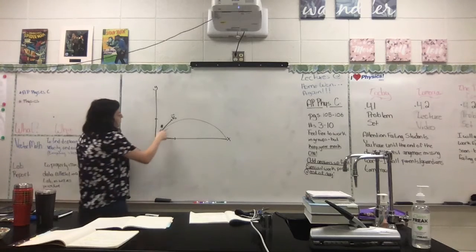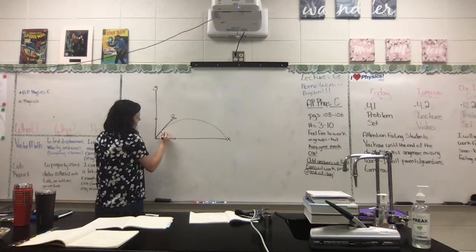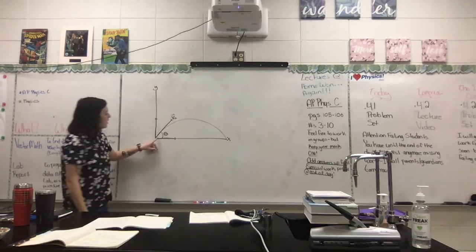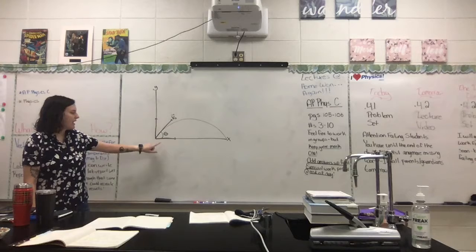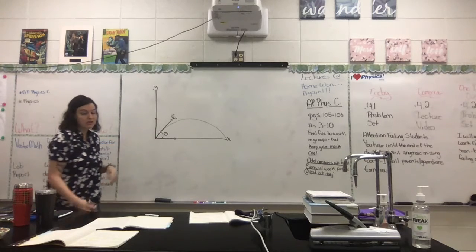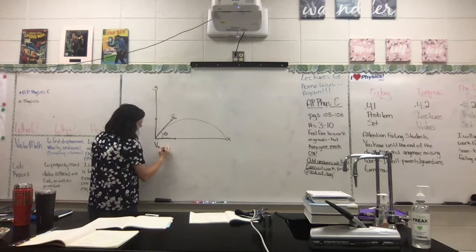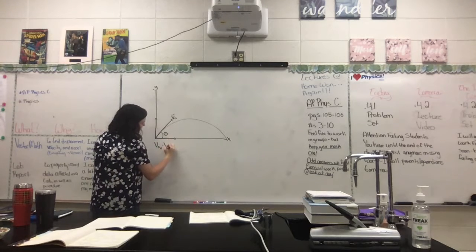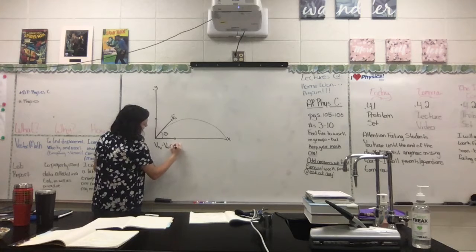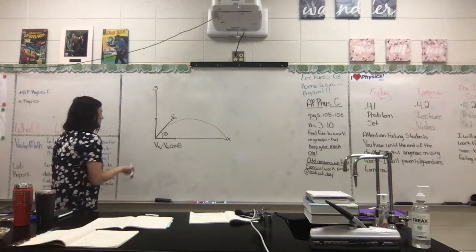Now, when you throw it with this velocity, it's also going to have an angle theta. We need to use that angle when finding our x and y components of the velocity. So v0x is going to be equal to v0 cosine of theta.